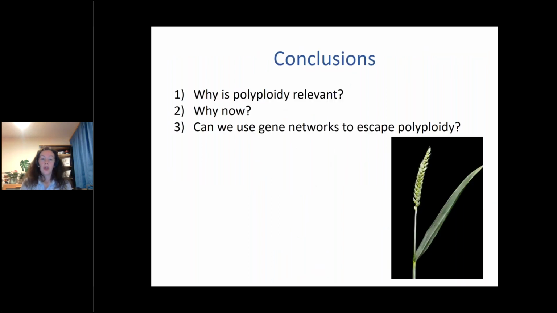So in conclusion, I asked 3 questions today. Why is polyploidy relevant? Why now? And can we use gene networks to escape polyploidy? I think polyploidy is a major challenge, but also an opportunity for breeding crops such as wheat, because although it makes it more difficult, we also have this opportunity of huge amounts of variation that before we haven't been able to access. But now we can start accessing this.